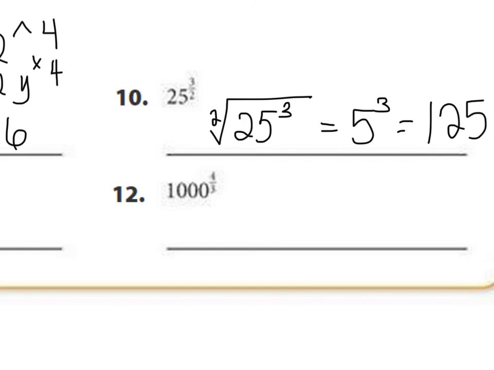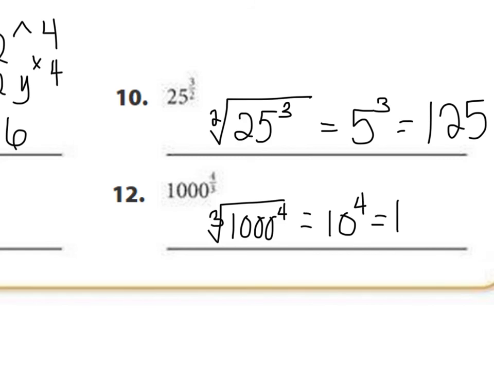The 1,000 to the 4/3 should have been set up like this. The cubed root of 1,000 is 10. 10 to the fourth would be 10,000. 10 times 10 times 10 times 10. So hopefully you got those two answers correct as well.